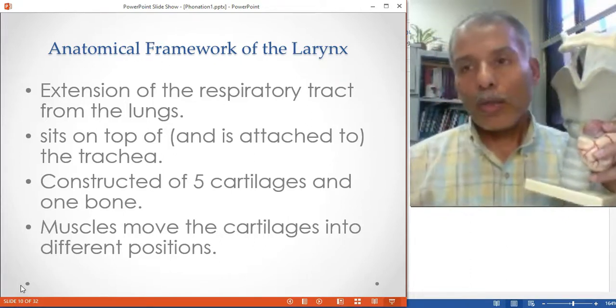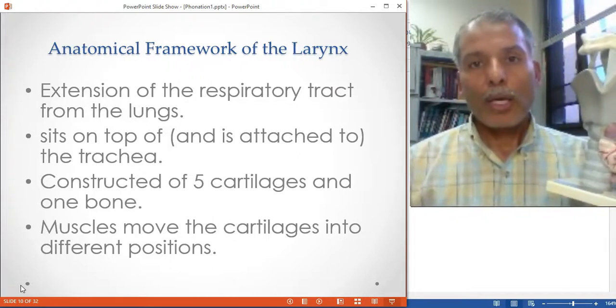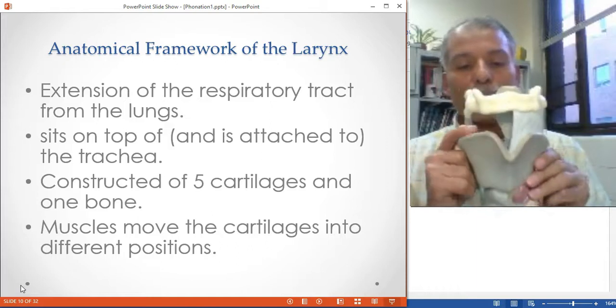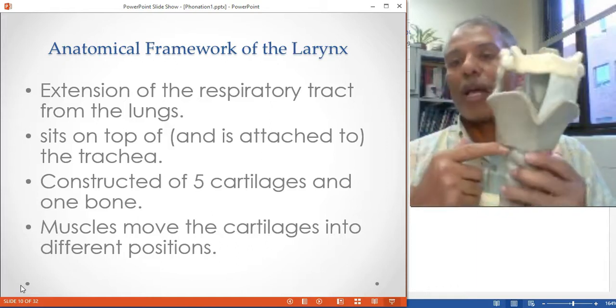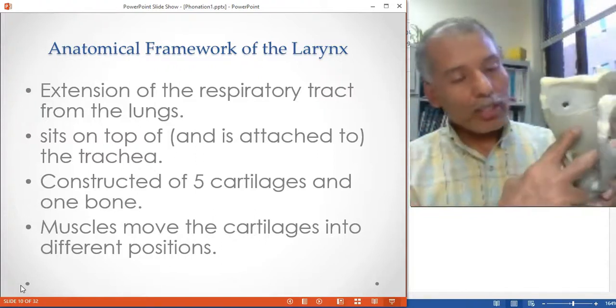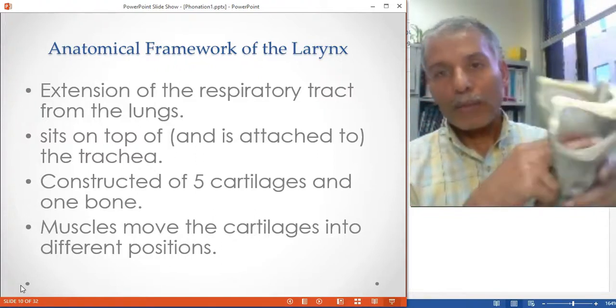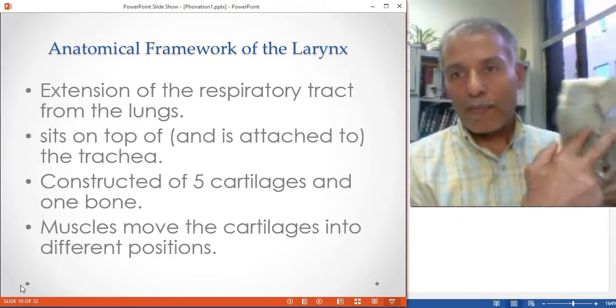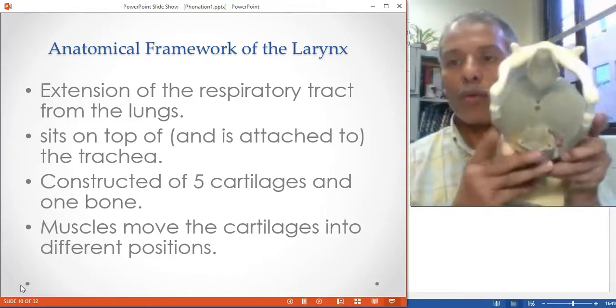The word thyroid is a Greek word, and it means shield. So literally it's shaped like a shield, and metaphorically, it shields the vocal folds inside of it, because the vocal folds are small muscles, and it protects them, so it surrounds the vocal folds.